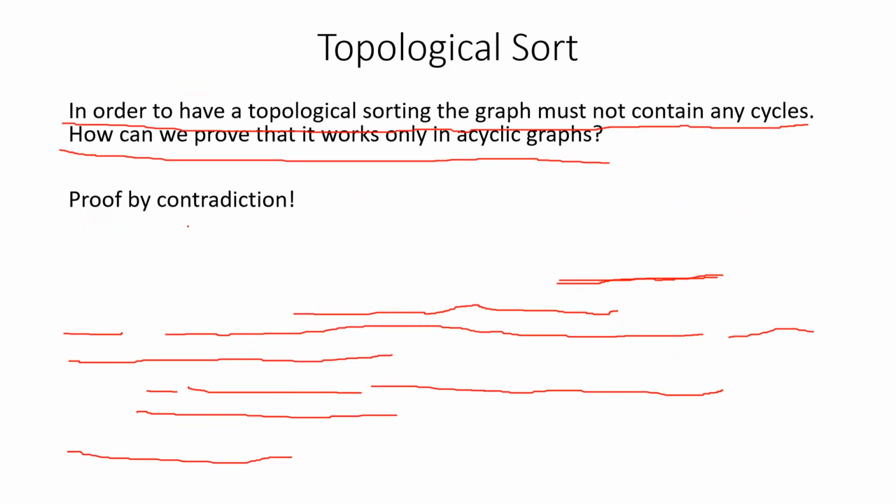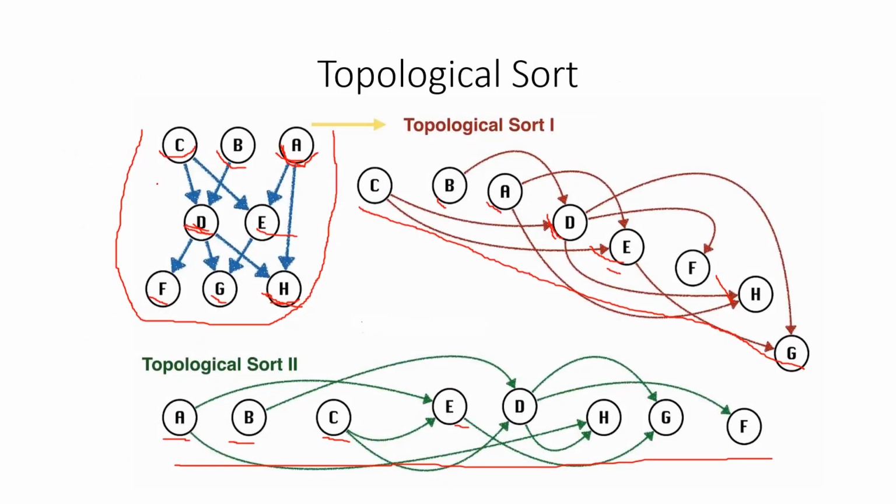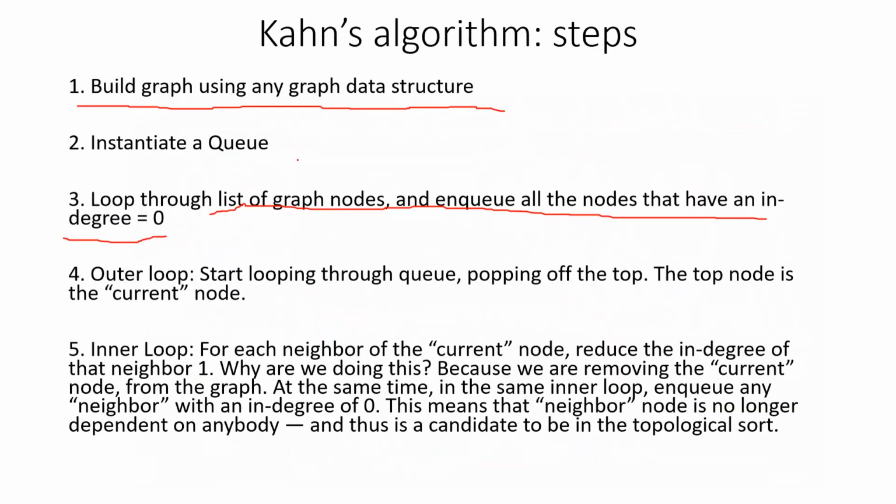If we go back to the graph, the vertices that have in-degree 0 are B and A. So we put these vertices into the queue, because they have 0 in-degree. Then we run another loop, going through the queue and popping off the top.